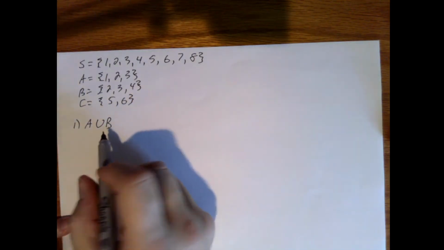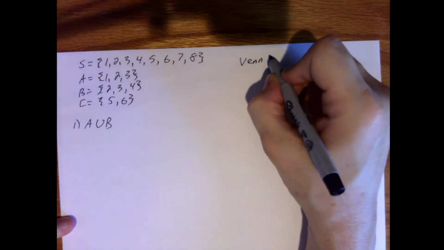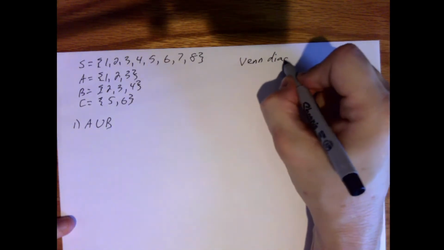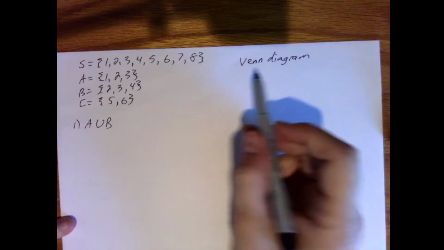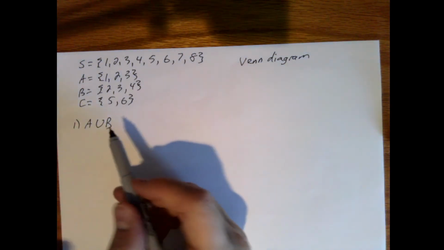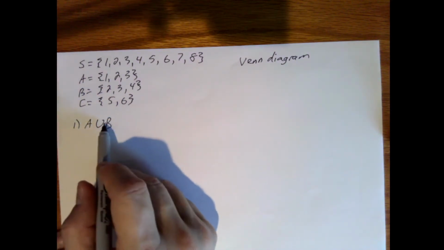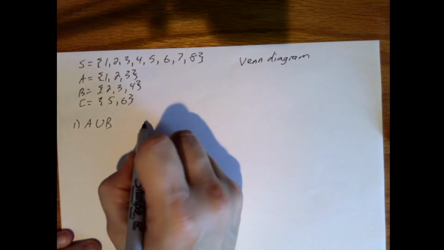Now, one of the things I'm going to use is something called a Venn diagram. And these are very useful for visualizing what you're doing. Basically we'll have typically a circle for each of the sets involved, but arrange those circles such that they show what's happening. So when we're talking about the union of A and B, remember we're talking about the total combined elements.